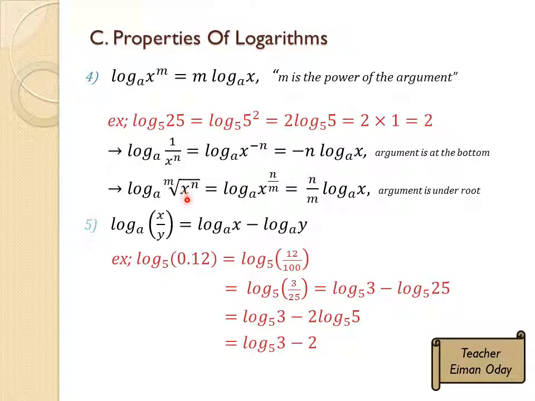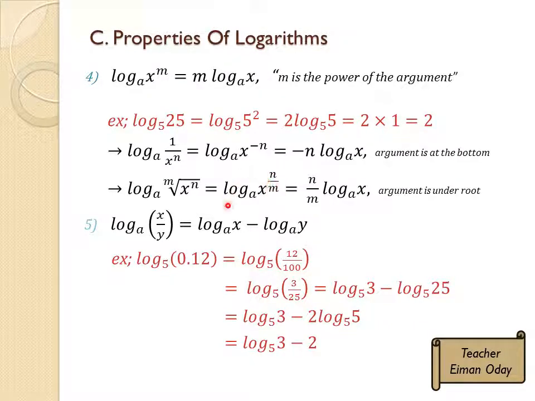What if the argument is under a root? We just use the definition of powers of root. So x power n under a root to power m, we write it just as x power n over m. And now this is the power of the argument.